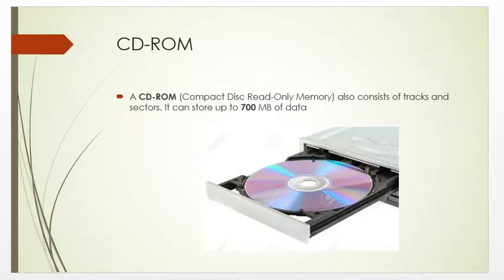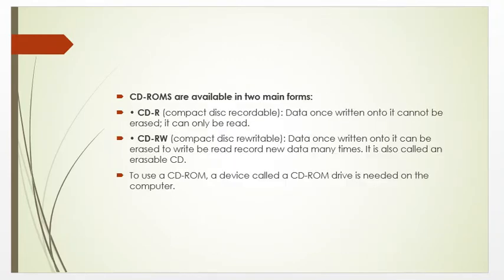Another type is CD-ROM. A CD-ROM, compact disc read-only memory, only consists of tracks and sectors. It can store up to 700 MB of data. CD-ROMs are available in two forms: CDR, compact disc recordable. Data once written onto it cannot be erased, it can only be read.